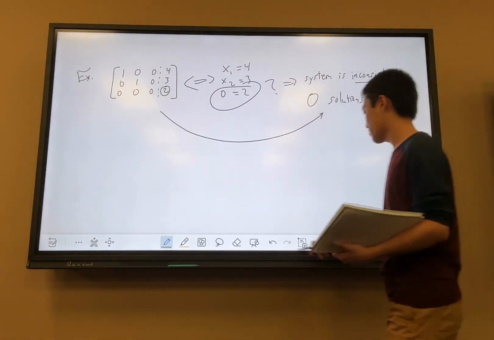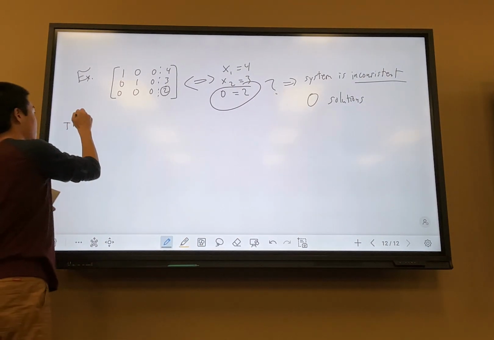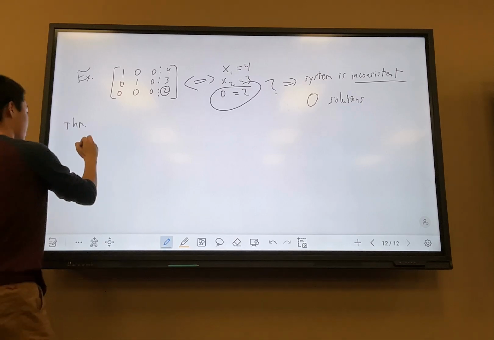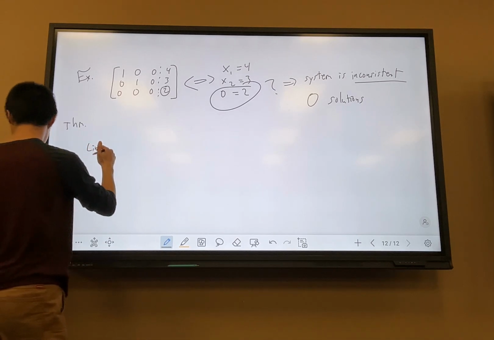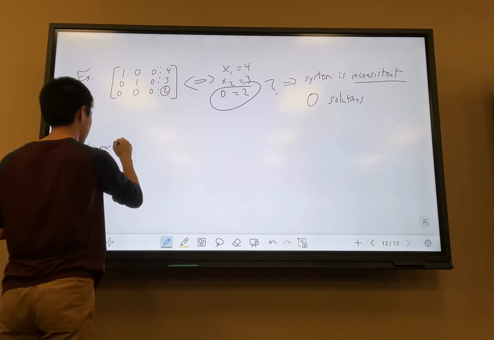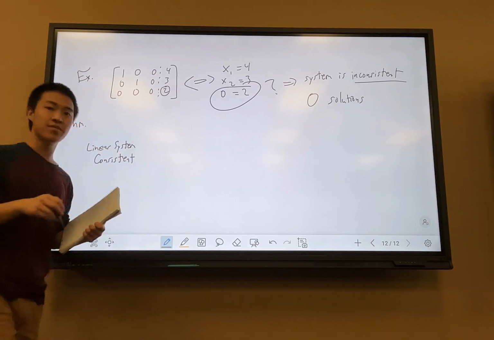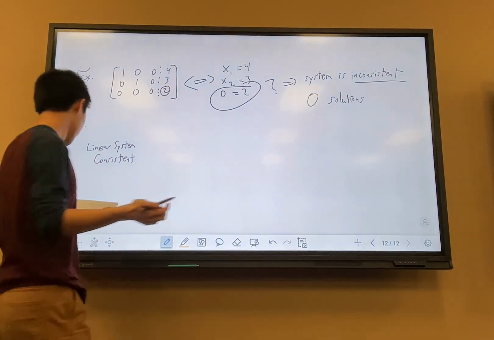So, last thing, and I'm going to state this theorem as a flowchart. We can say, if I have a linear system that is consistent. Okay, what does consistent mean? Consistent means there's at least one solution.